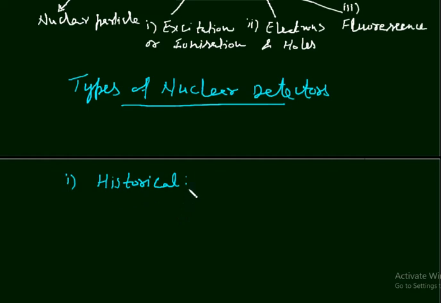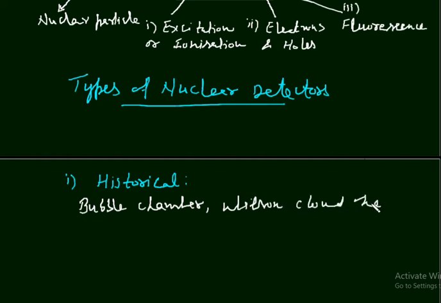Examples of historical nuclear detectors are bubble chamber, Wilson cloud chamber, and photographic plate.